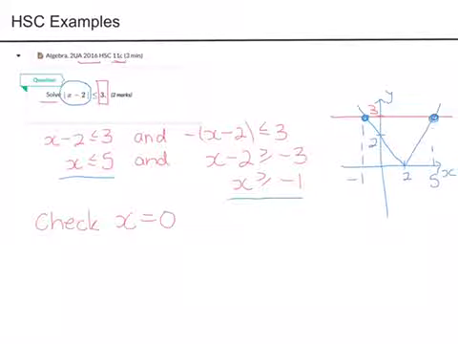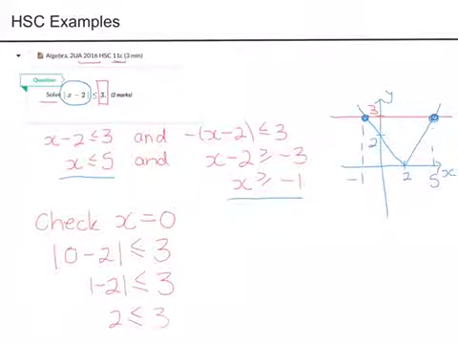By substituting it into the original inequality, the absolute value of x minus 2 must be less than or equal to 3, giving us the absolute value of -2 is less than or equal to 3, and by taking that absolute value we get a true statement: 2 is less than or equal to 3, meaning that 0 works, it is a valid value, and hence my inequality solution must lie between -1 and 5 and all of the values between it.